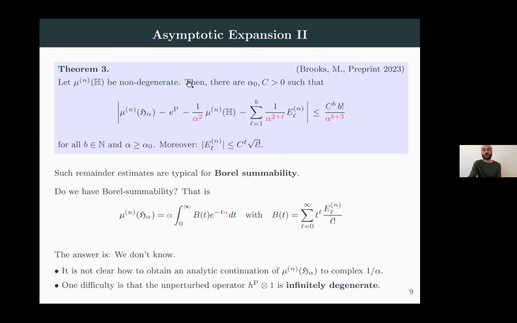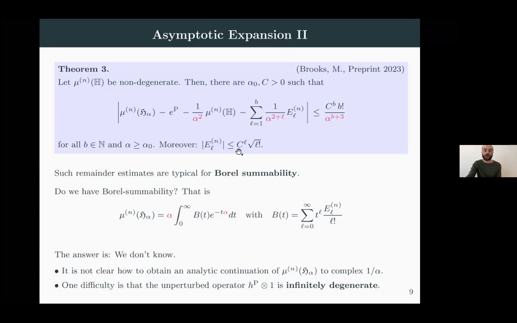And in this case, we can now improve the previous theorem by deriving remainder estimates of the following form, and also by controlling the growth of the coefficients by these asymptotics.